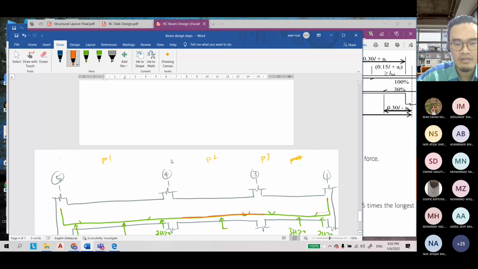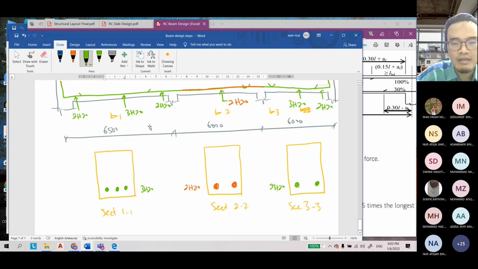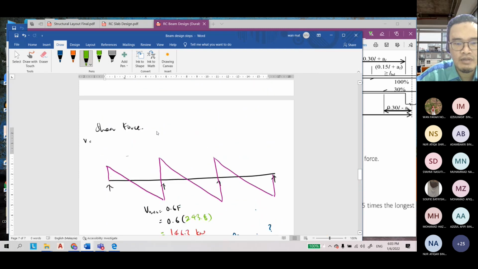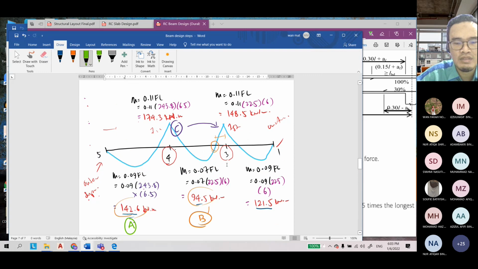Okay, and then 2H20, so section 22 is 2H20 sini. This is 2H20. Okay, this is also 2H20. And then, the last one is you calculate for the support. Support is C here. Support B sama dengan support 3. Okay.